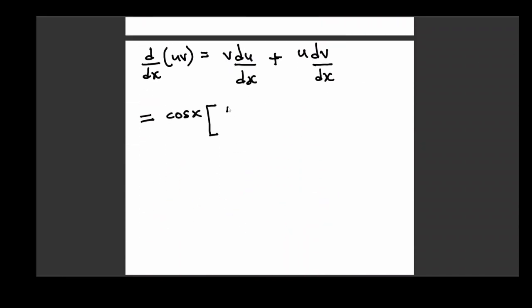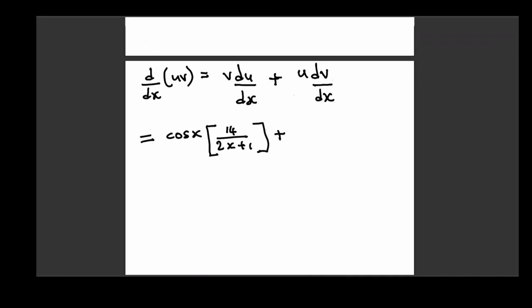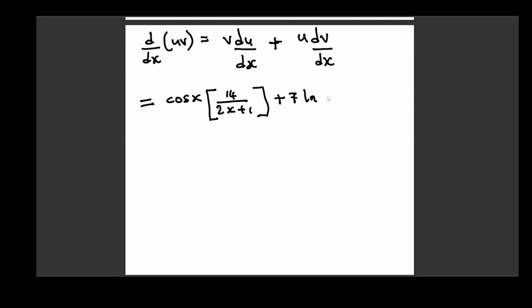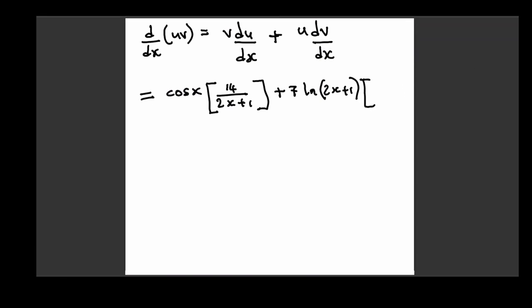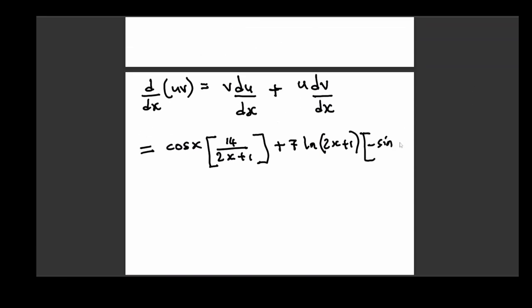So multiplying 14 over (2x + 1), adding what is u, 7 ln of (2x + 1), multiplying minus sine x.